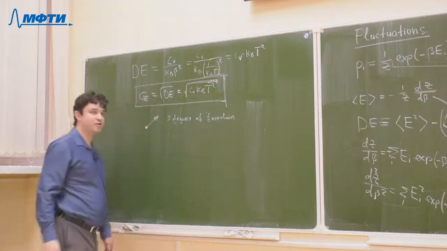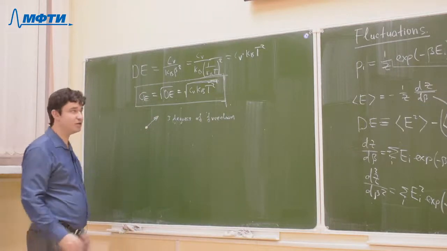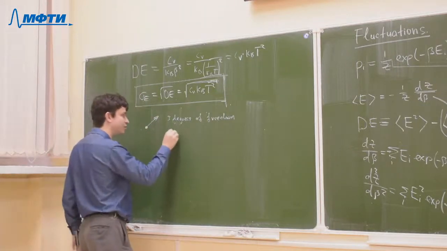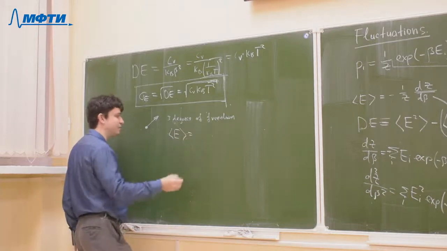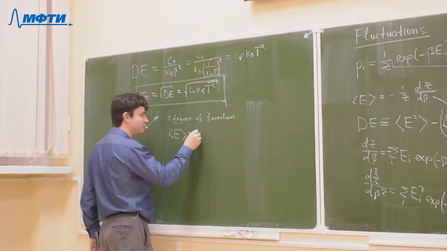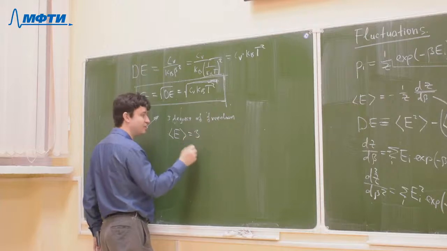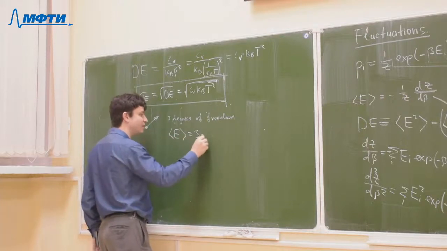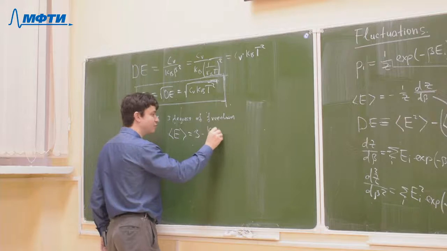According to the equipartition theorem, the average energy of this particle is calculated as the product of the number of degrees of freedom, which is 3, as I have said previously, multiplied by kBT over 2.